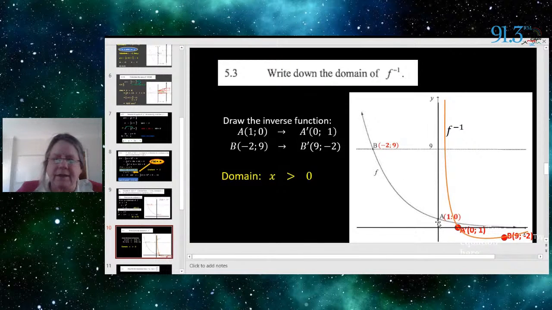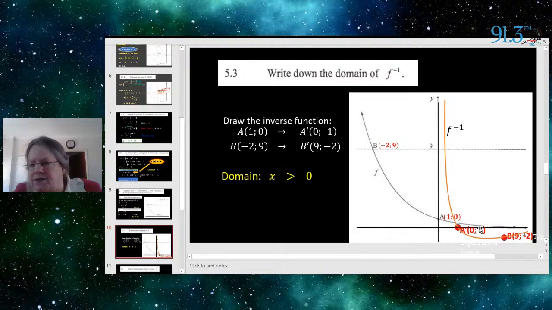We calculated in the previous questions the coordinates of A, which is 1, 0. If we do the inverse, we basically swap the x and the y around. And I called it A dash. We do the same with point B. Minus 2 semicolon 9. We swap them and we end up with B dash is 9, negative 2.